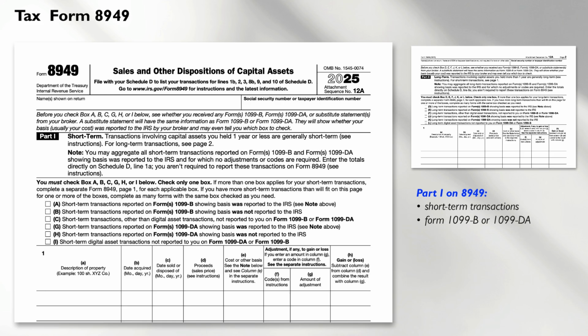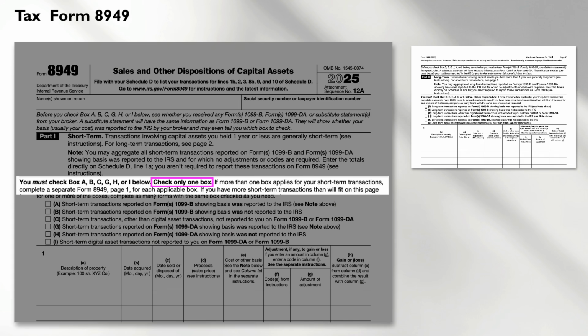The categories also indicate whether cost bases were reported to the IRS or not. For example, Box H represents short-term transactions reported on Form 1099-DA where cost basis was not reported to the IRS.